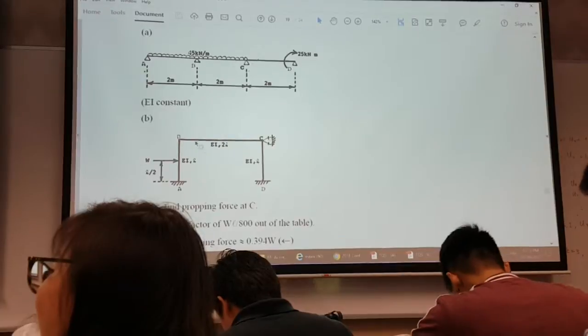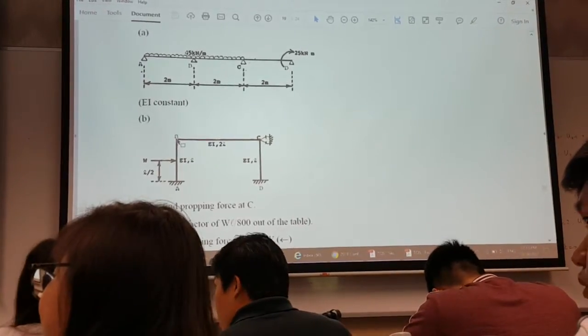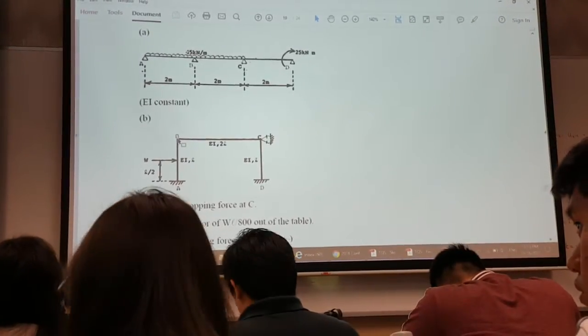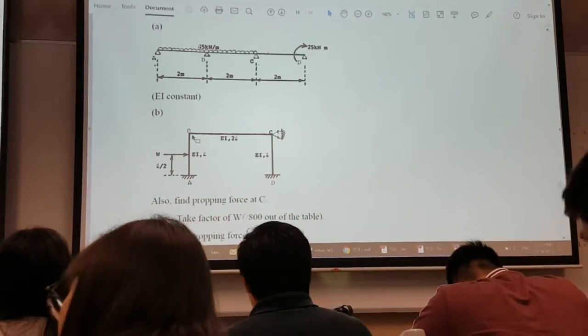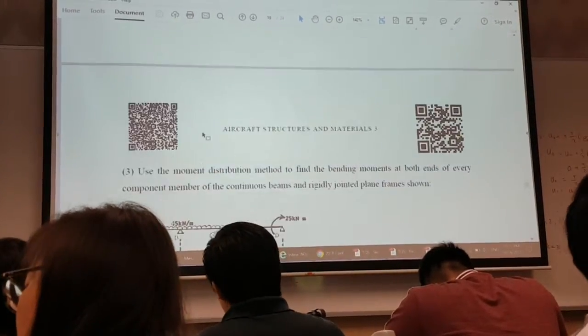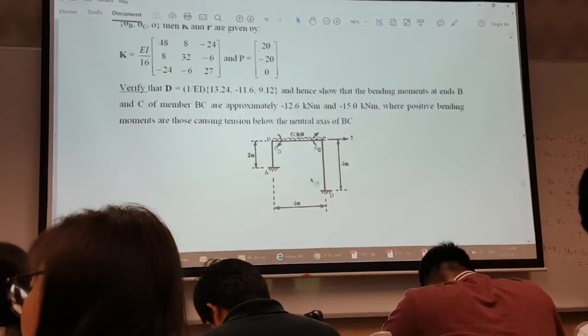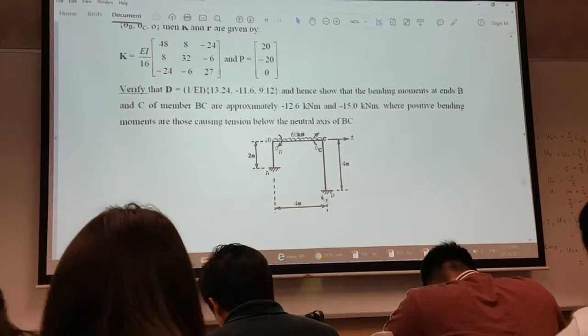Even for these kinds of structures, these are all considered fixed nodes also. For example, in the second example, all these nodes are considered fixed, built-in.